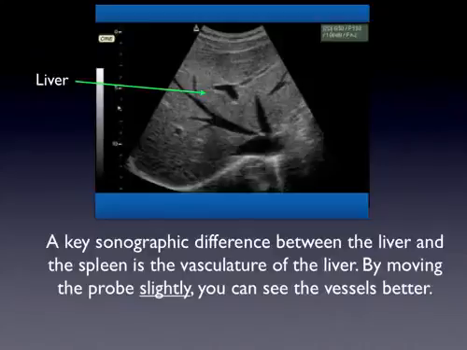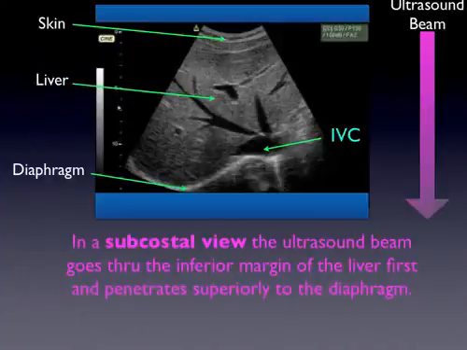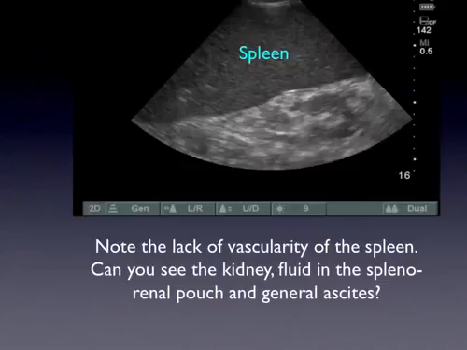And by moving the probe slightly, perhaps 10 or 15 degrees, the vascularity can become more prominent or less prominent. And over here we're watching hepatic veins emptying into the inferior vena cava. So again, skin superiorly in the image, the liver, diaphragm towards the bottom of the image, and the IVC with hepatic veins emptying into it.